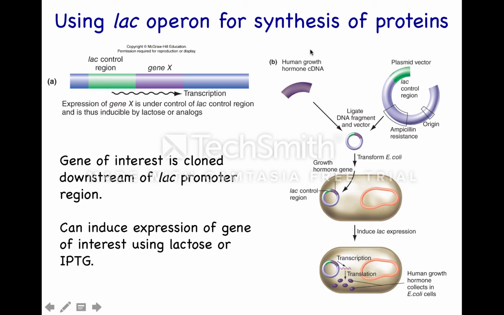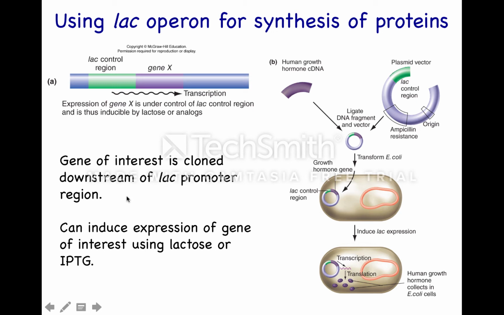To do this, you can take your gene of interest, let's say insulin, gene X, and you can clone it downstream of the lac regulatory region. That is basically where the operator, promoter, etc. sites are located.